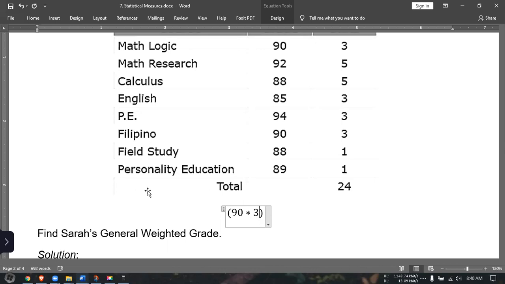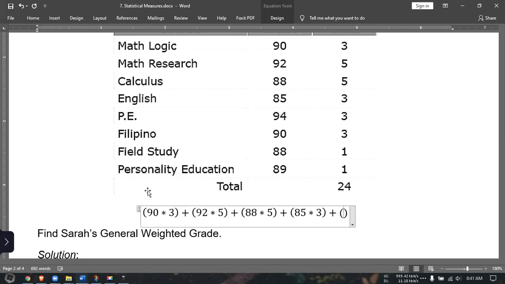And then add natin. Ito sa math research, 92 times 5, plus calculus, 88 times 5, plus English, plus 94 times 5, plus, saan na tayo?